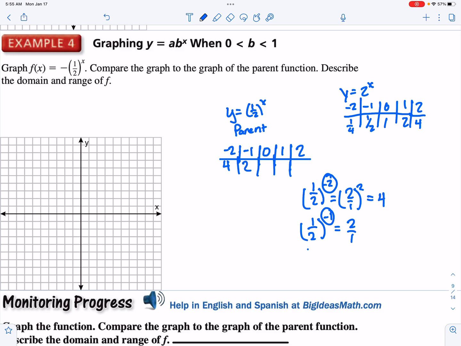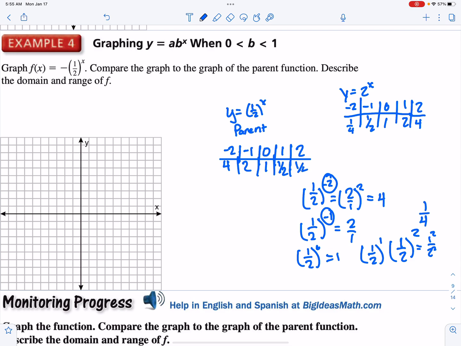We already know anything to the 0 power is 1. And then 1/2 to the first power is just 1/2. And 1/2 to the second power, again, using our properties of exponents, we know we apply it to both. 1 squared is just 1, 2 squared is 4.